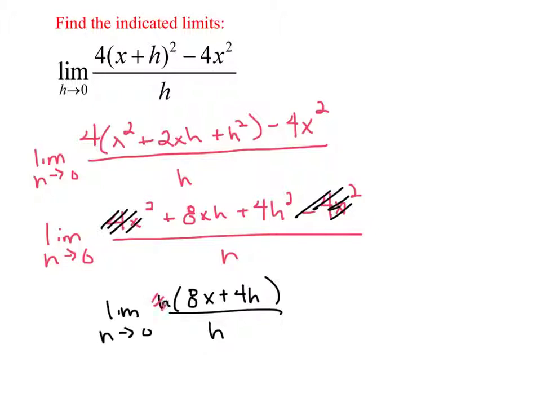These h's divide out to be 1. Now, once that happens, I try and plug 0 in again for h, so I get an answer of 8x. This is our limit. Now, keep that in mind. We're going to use that in a moment.